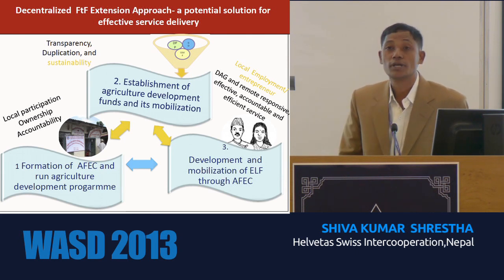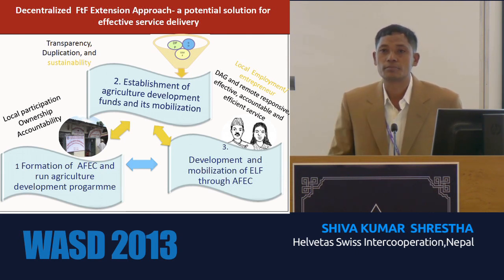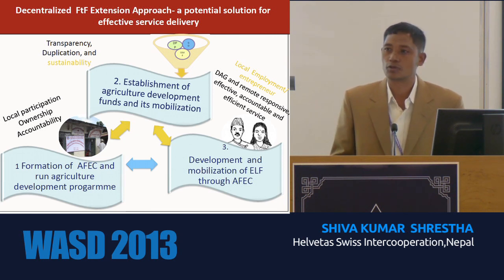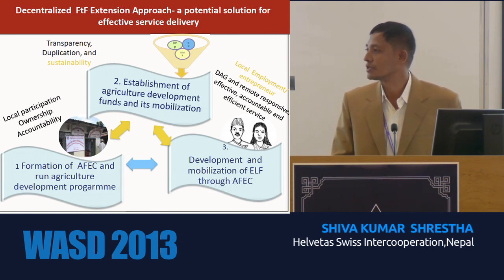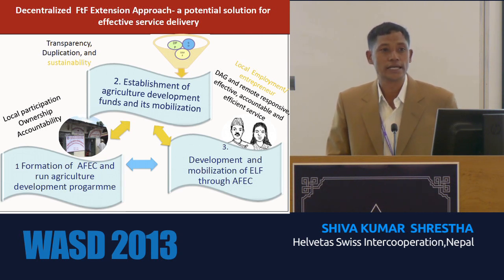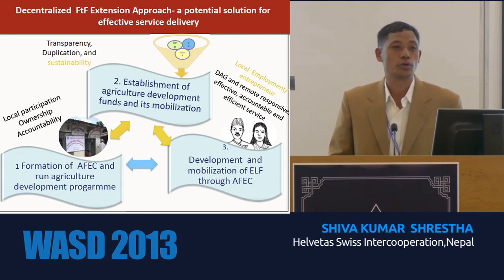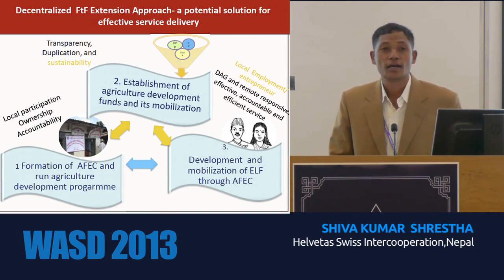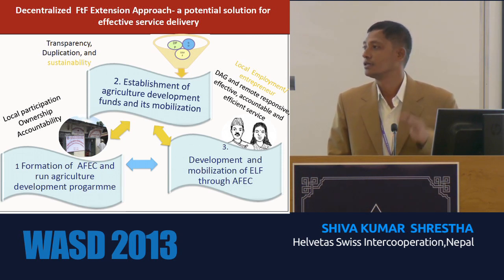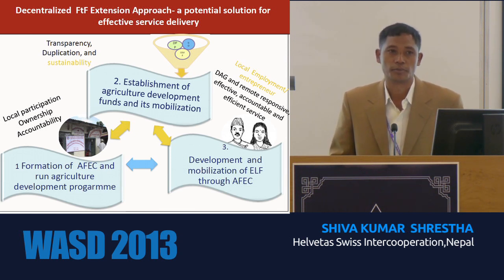And once there is a coordination body and all the plans have gone through that committee, there will be fewer chances of duplication and misuse of the resources, which really helps to reduce corruption. And as it is near to the people, it is much more transparent as compared to the central government.